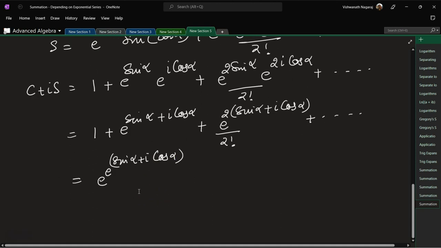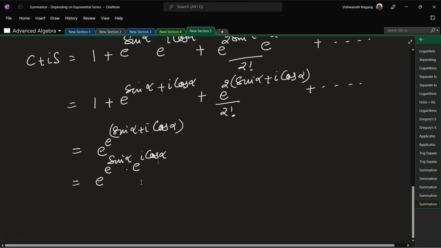And now comes the tricky part. You have to be very careful with the position of the powers. Now e to the power of sine alpha times e to the power of i cos alpha. So addition has become multiplication, power rules.